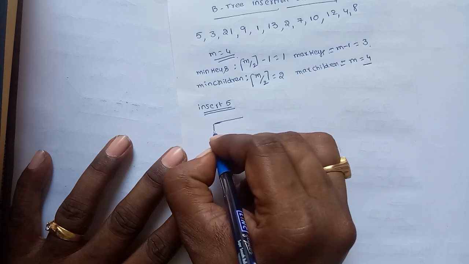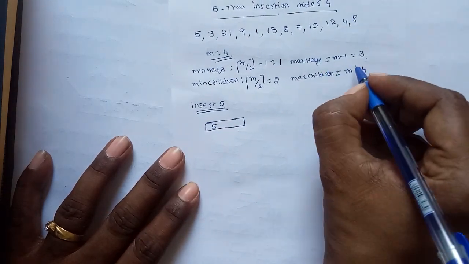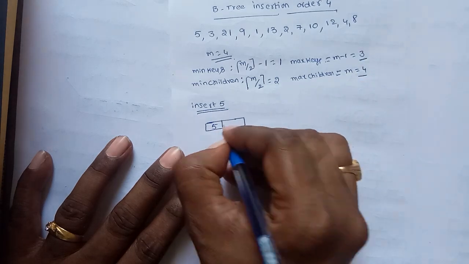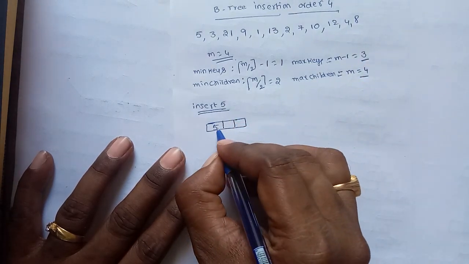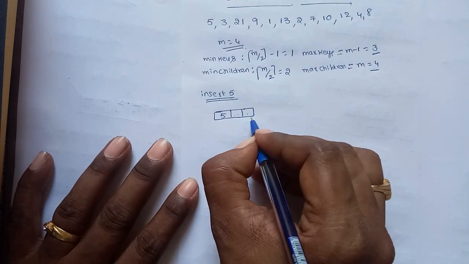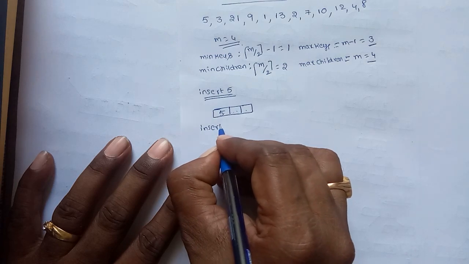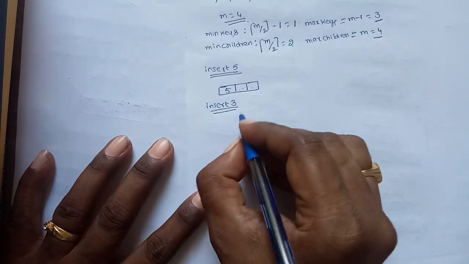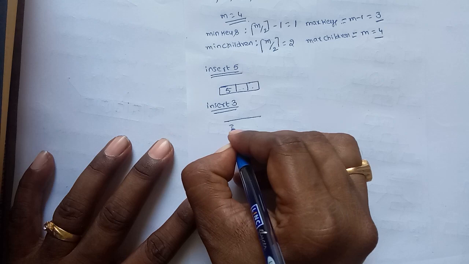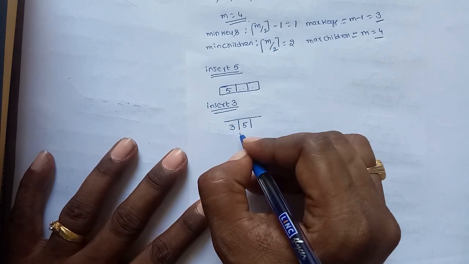First step, insert 5. This is the node structure. How many maximum number of keys? The maximum number of keys allowed are 3. So 1, 2, 3. Even though it is empty, we represent the node in this format. 5. Next, insert 3. What is the position of 3? We are performing insertion always at the leaf node.